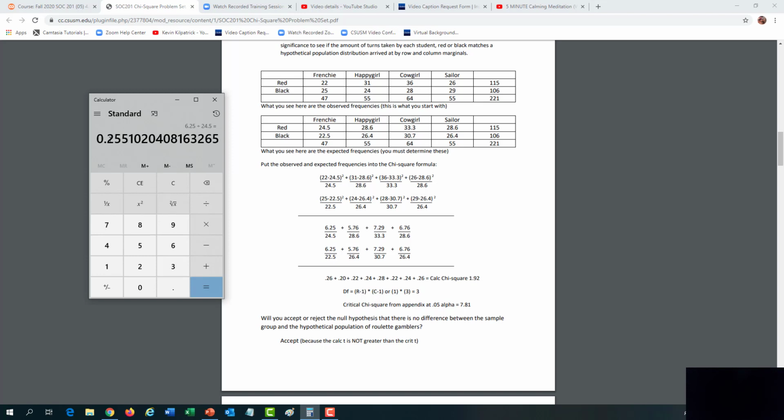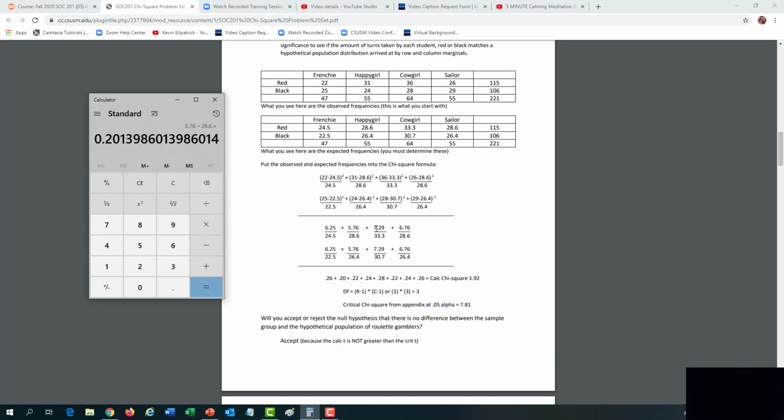So I'm going to round that up to 0.26, and that's what I have here. The next one is 5.76 divided by 28.6. So let's do that. 5.76 divided by 28.6. And I get 0.201. I'm going to round that to 0.20, which I have right here.